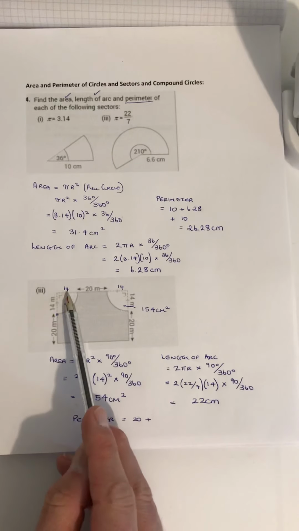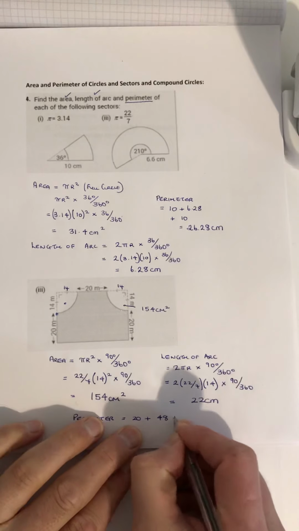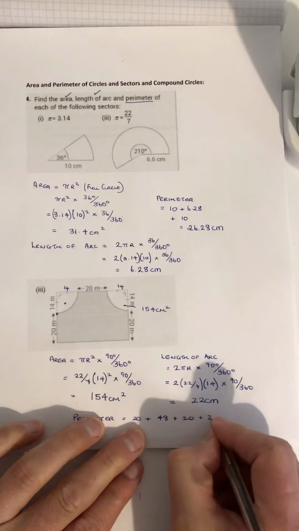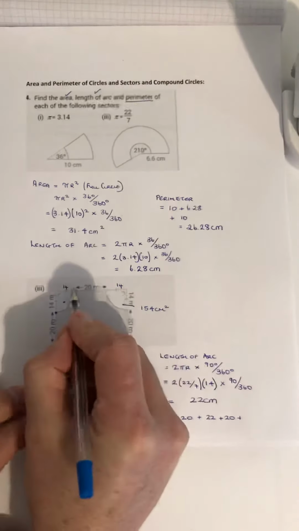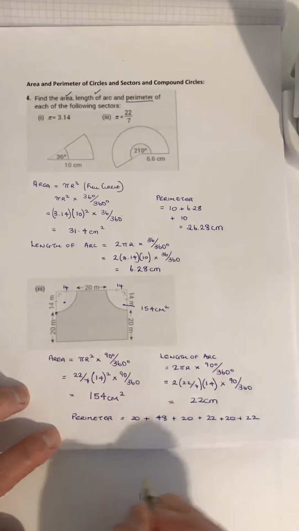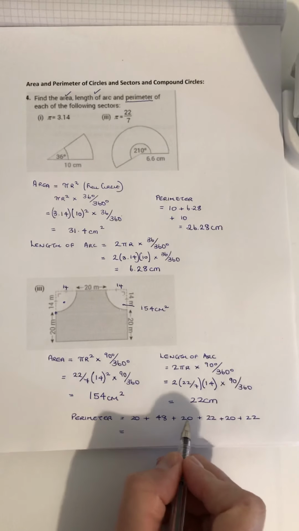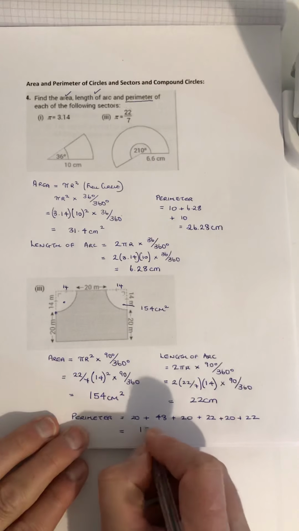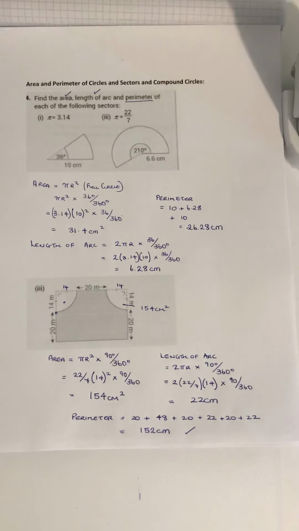So 20 and 14 is 34, and 14 is 48, plus 20 again, plus we know the length of that arc is 22, plus 20 up here, plus the length of this arc here is 22 again. Add all those up, 68, 88, 110, 130, 152 centimeters. Okay, for perimeter. So that gives you an idea about circles.